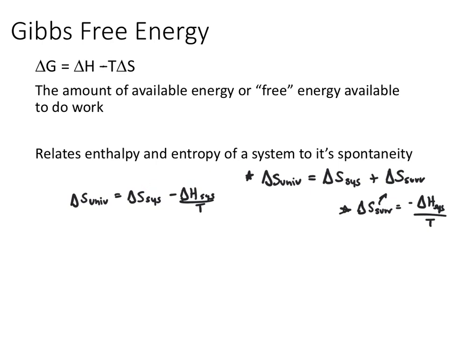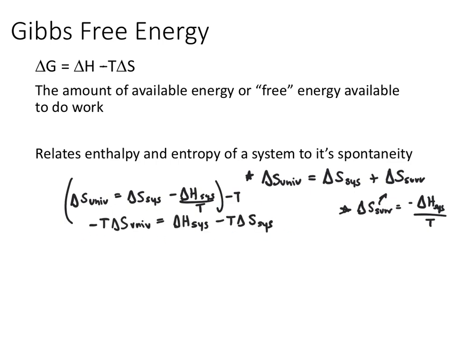And if we take this another step and manipulate the equation by multiplying through by negative temperature, we get closer to interrelating these two equations. If we multiply everything through by negative temperature, we end up with the equation that we see here.